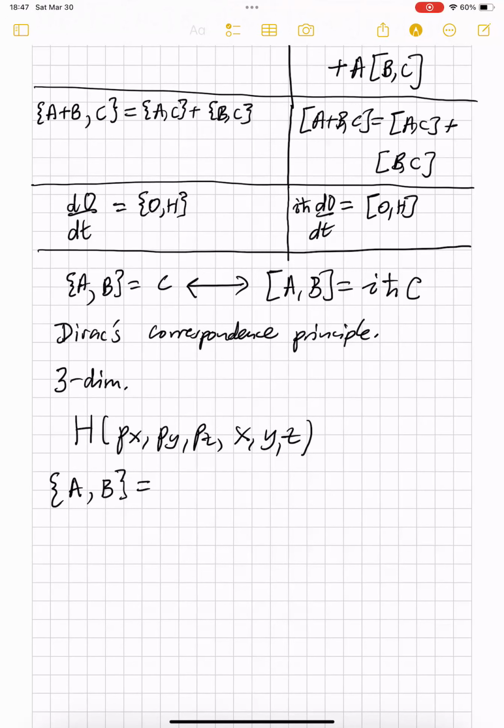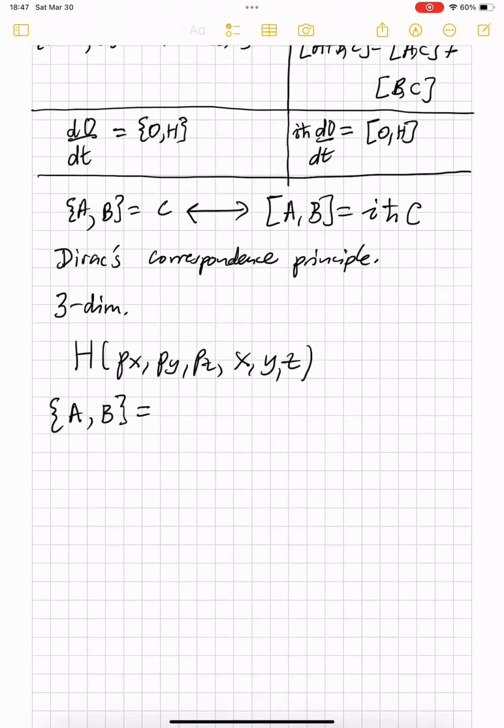And what the Poisson bracket would look like here, px would be conjugate to x. So we would have dA/dx dB/dpx minus dA/dpx dB/dx. Then we would have an equation like that for each conjugate pair.